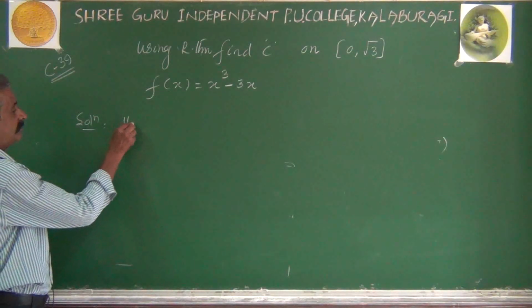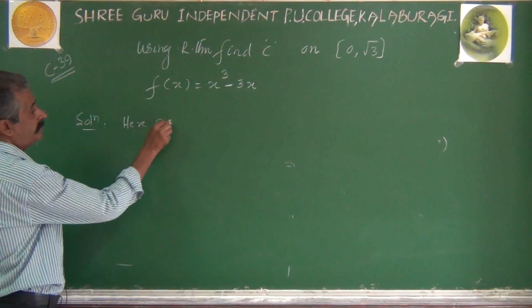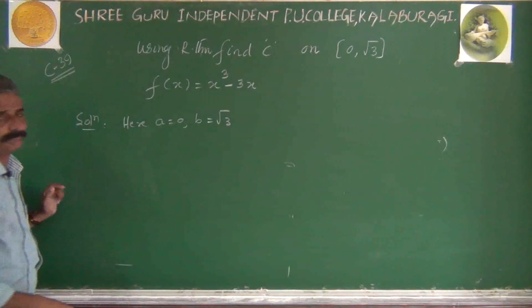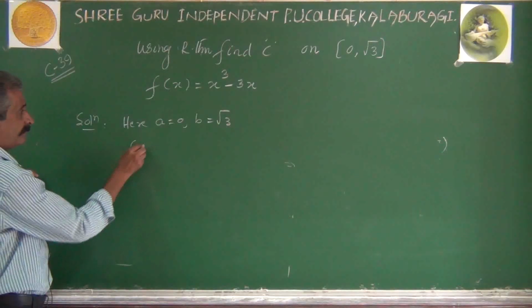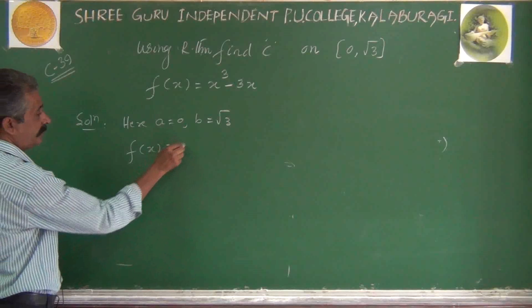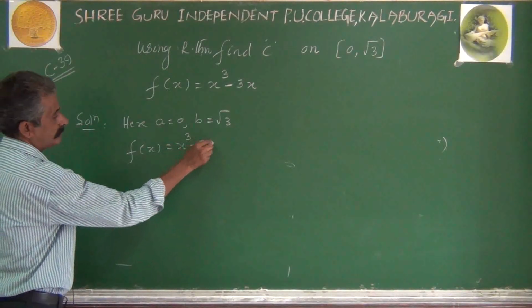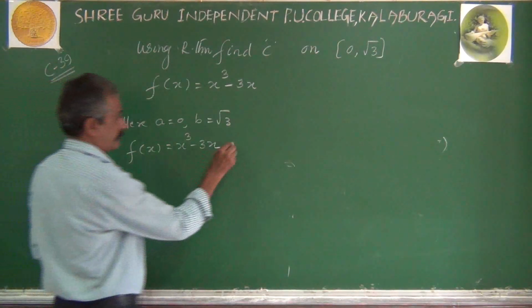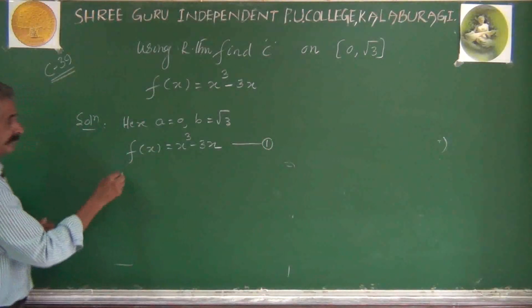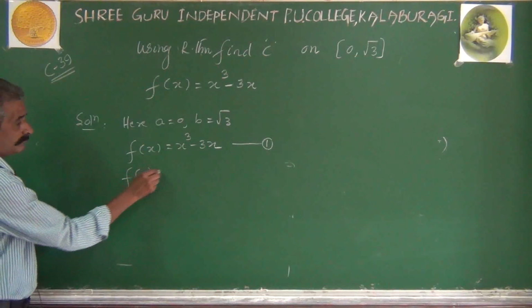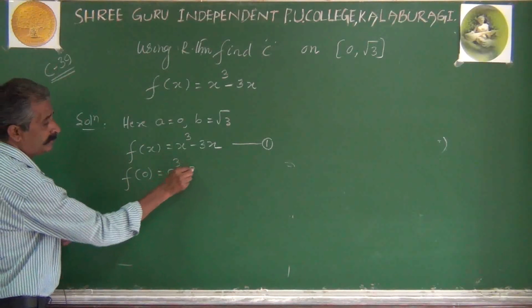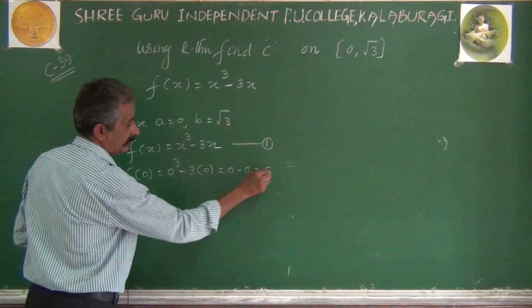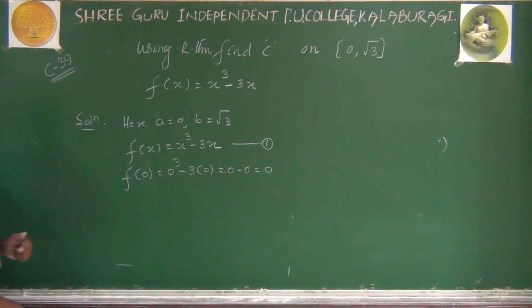Here a is 0, b is root 3, and f of x is x cube minus 3x. f of 0 is 0 cube minus 3 into 0, total 0 minus 0, net answer is also 0.